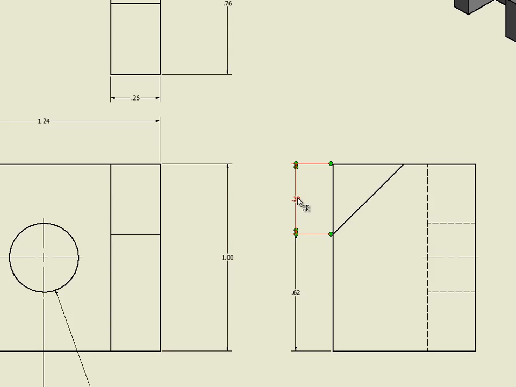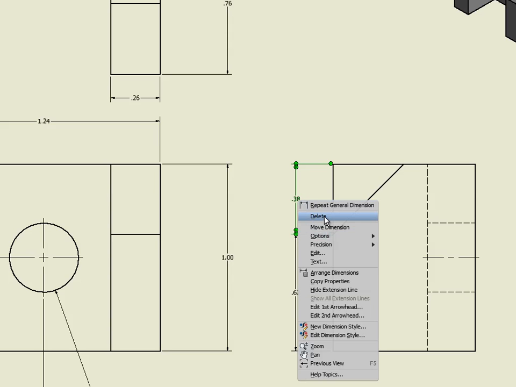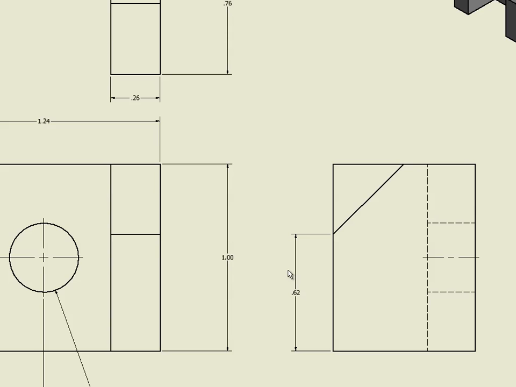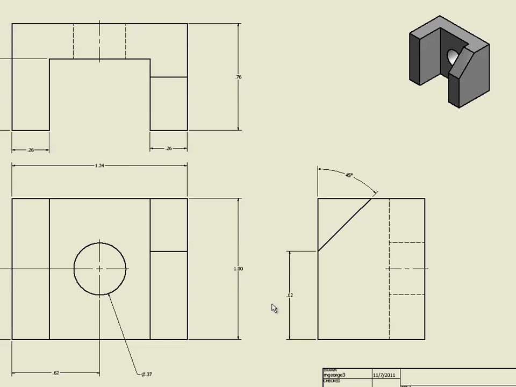There can only be one way to determine a part's length, size, location, etc. So if you can determine it with two different sets of dimensions, there's a problem. If I want to know the length of this edge, I have to subtract 0.62 from 1. I have to do the math. I cannot double dimension it. But what I could do here is put an angular dimension on this chamfer angle right there. And I think that's going to do it.